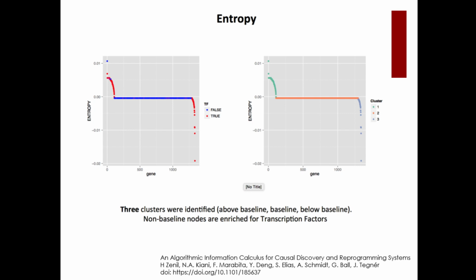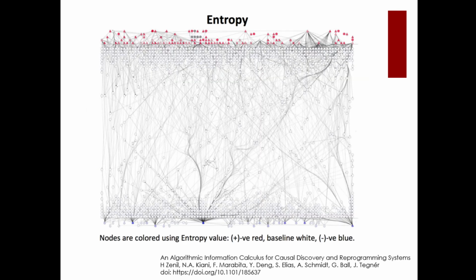They produced 3 clusters that we call above the baseline, and below the baseline. So entropy proved to be less sensitive. This is how entropy colors the network, and you see how poorly it performs.